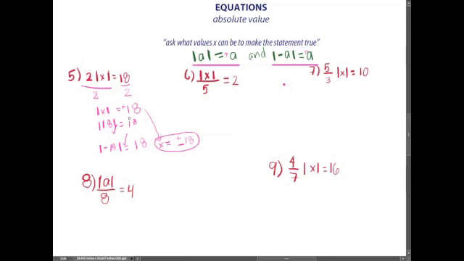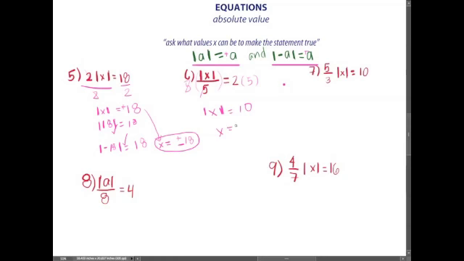Let's look at 6. So remember, to get rid of this 5 on the bottom, I'm going to times everything by 5. Since it's being divided, I'm going to multiply. So we get the absolute value of x equals 10. And so what would I have to plug in here for x?